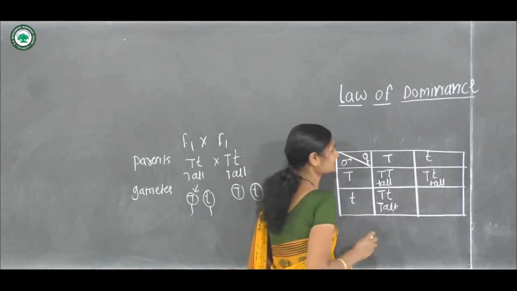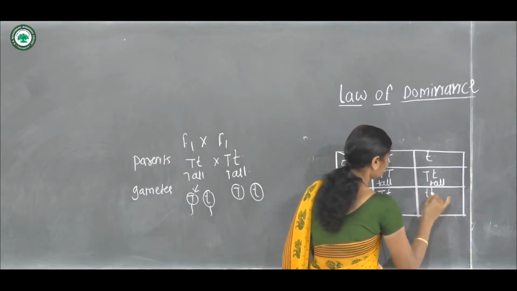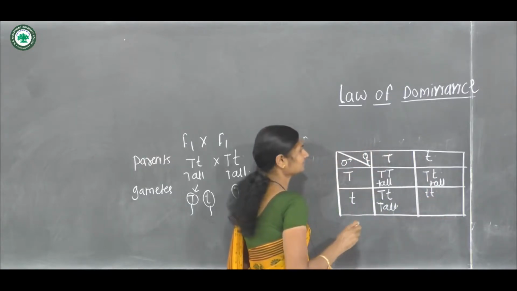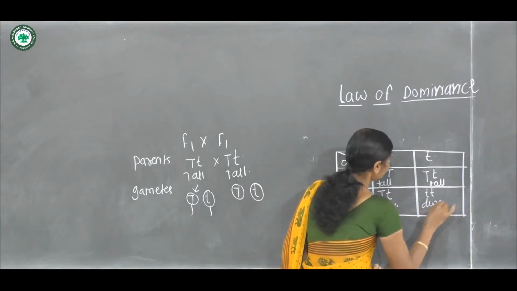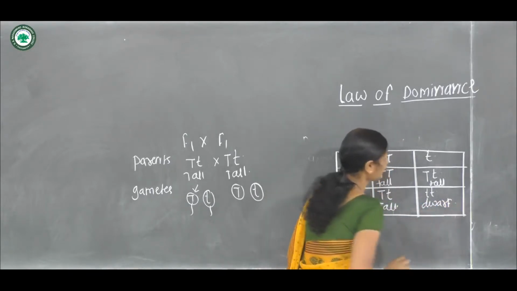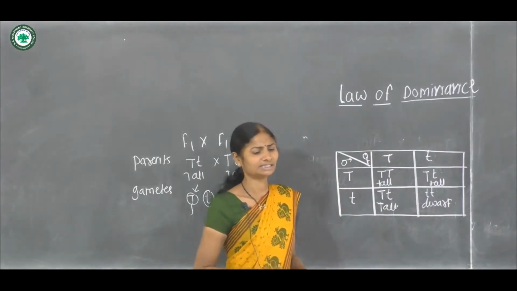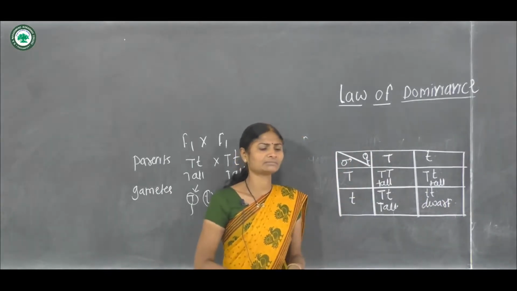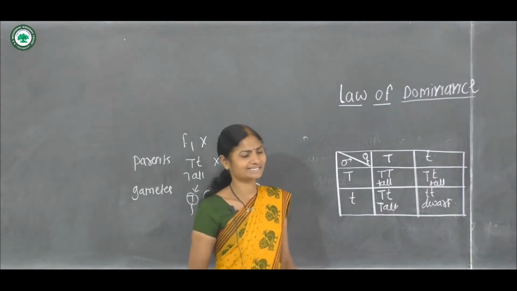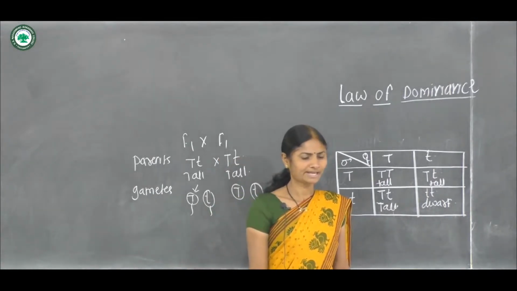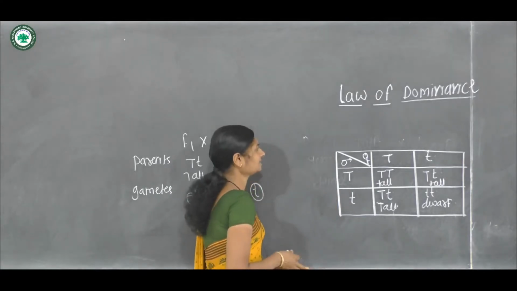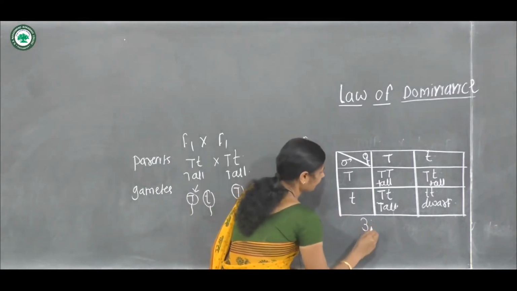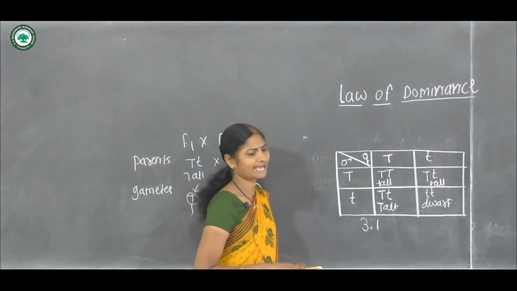And when two recessive gametes fuse, the offspring developed is recessive. This offspring is dwarf but in the homozygous condition. In the F2 generation, both tall and dwarf plants are developed and appear in the ratio 3:1.